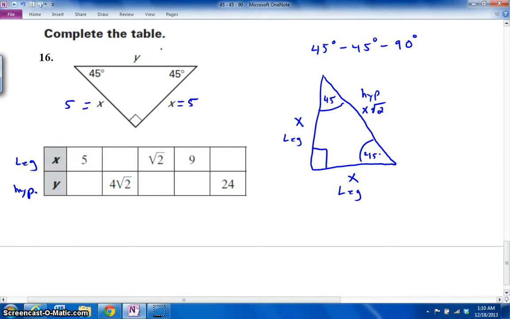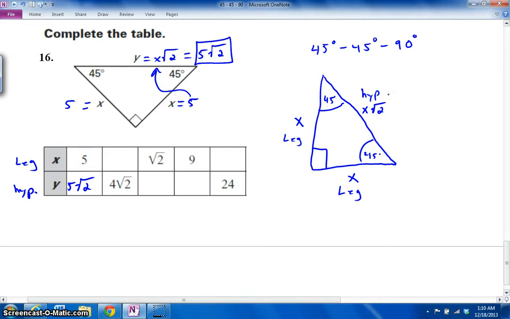Now, your hypotenuse has a rule of x square root 2. And if x is equal to 5, you simply substitute your 5 into the x. So now we get 5 square root of 2, which is the length of your hypotenuse.